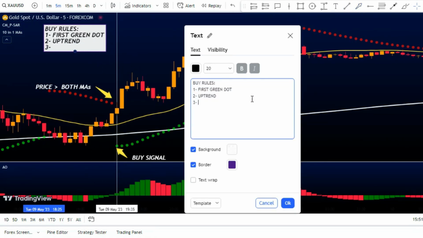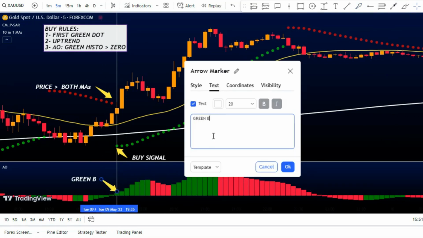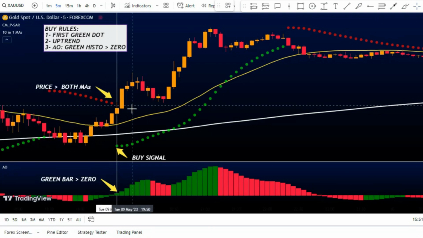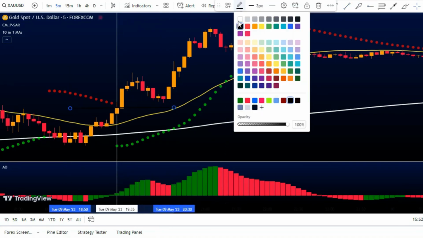And finally, the histogram for Awesome Oscillator gotta be green and above 0. So now with all these conditions, you can enter a buy trade at the close price of the signal candle.